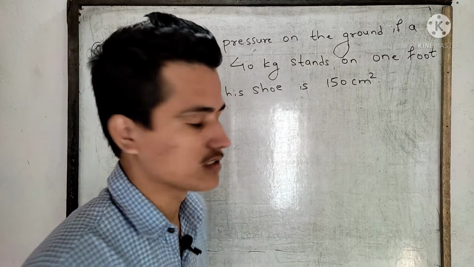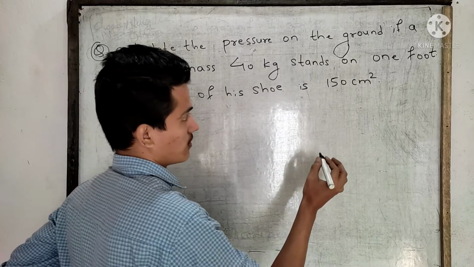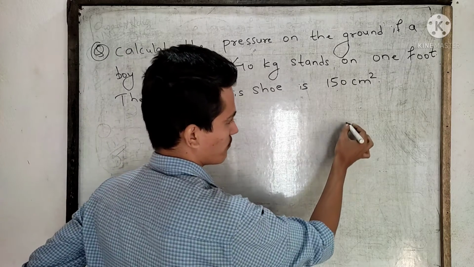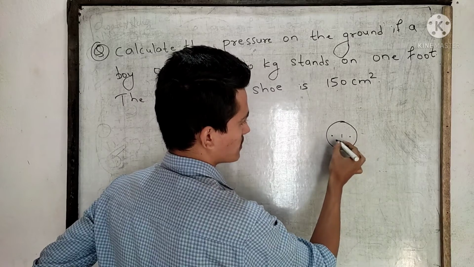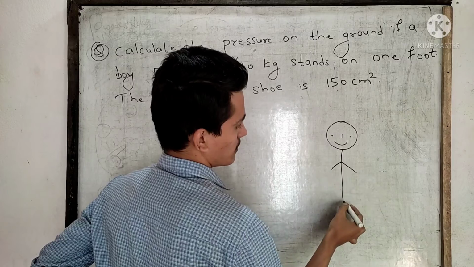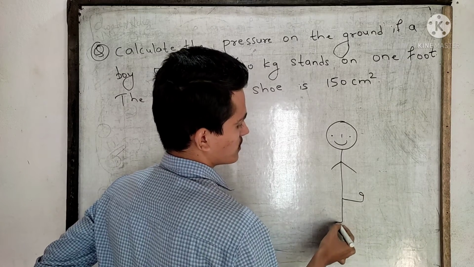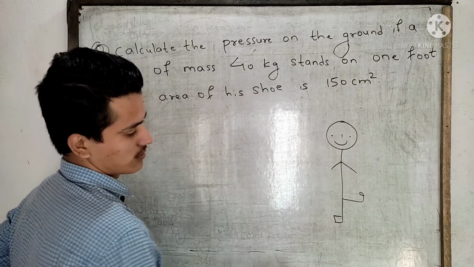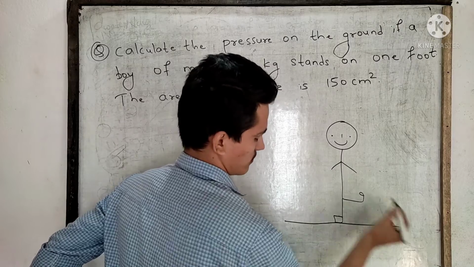The question has asked us to calculate the pressure on the ground if this boy, suppose this is a boy, he is smiling, is standing on the ground with his 1 foot, and this is the ground.